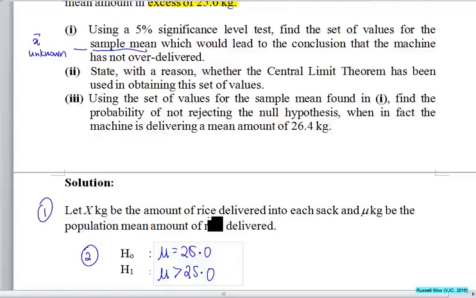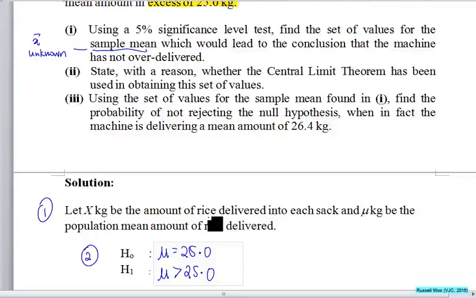You are saying that mu is significantly larger than 25. So that means the machine has over-delivered. So if you do not reject H0, you are saying that the machine has not over-delivered. There's a double negative here.